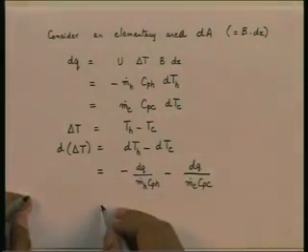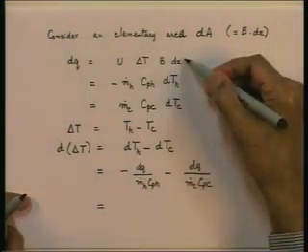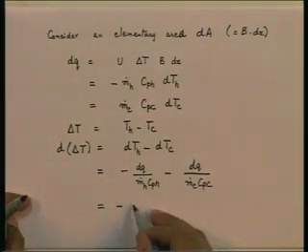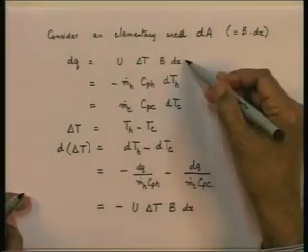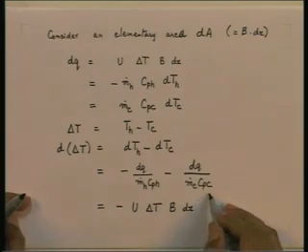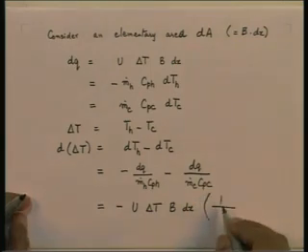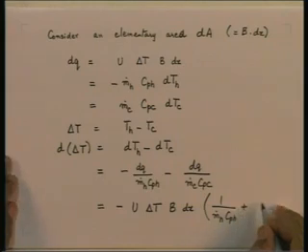And further, for dq I can write the first expression. So, I can say this is equal to minus U delta T B dx, I am substituting for dq from the first expression here, into bracket 1 upon m dot h Cph plus 1 upon m dot c Cpc.